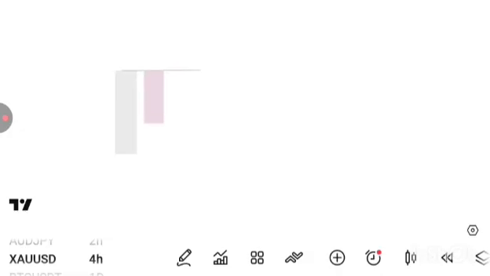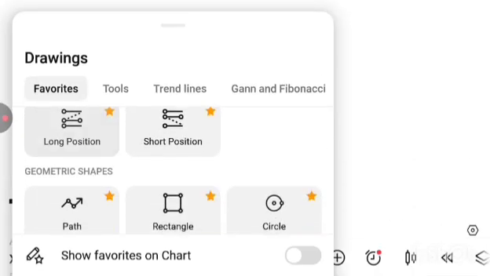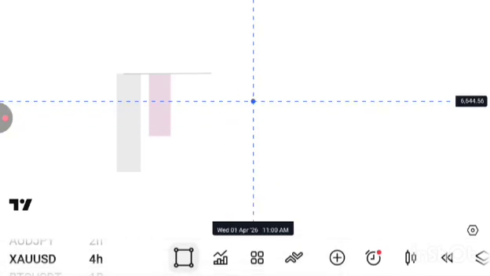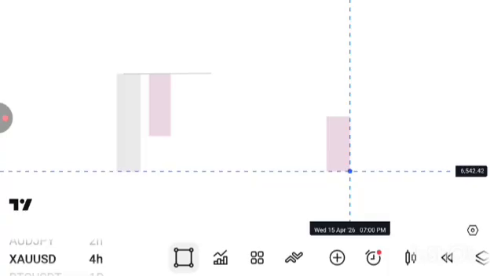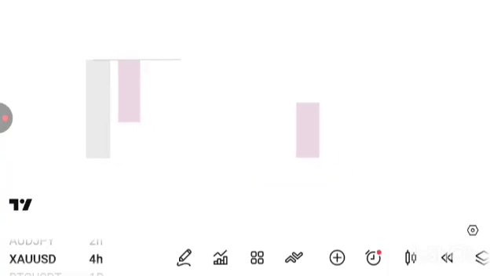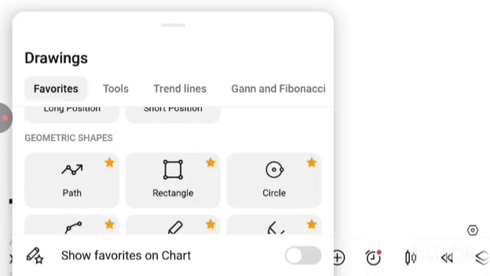Then a V-shaped key level. How is a V-shaped key level formed? A V-shaped key level is formed by two candles also, right? A bearish candle to the downside and a bullish candle to the upside, right? Something like this: a bearish candle to the downside, then a bullish candle to the upside.